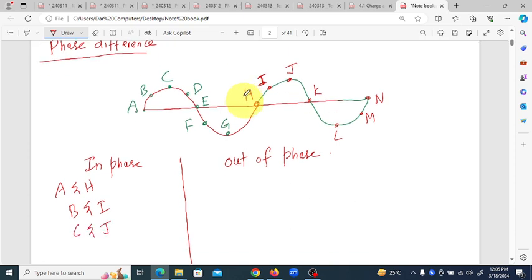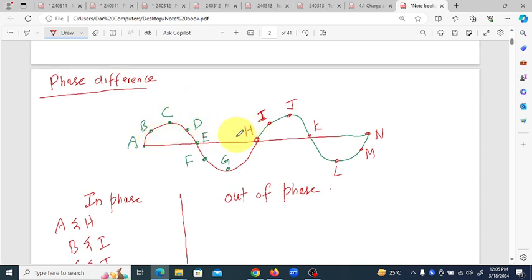Why are A and H in phase? You can see that A is at 0 degree, H is also at 0 degree, so both are at 0, and they are in phase. If B is, for example, at 45 degree, then I will also be at the same position, 45 degree. So B and I have the same phase.